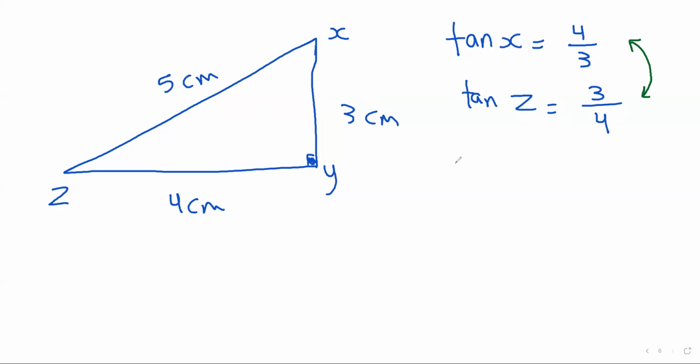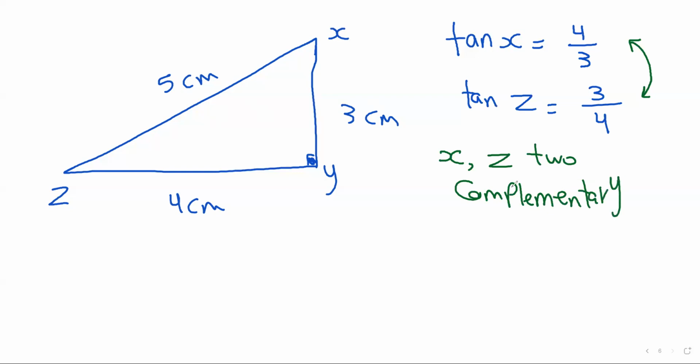So here, X and Z are two complementary angles. Do you know the meaning of complementary? Their sum equals 90.